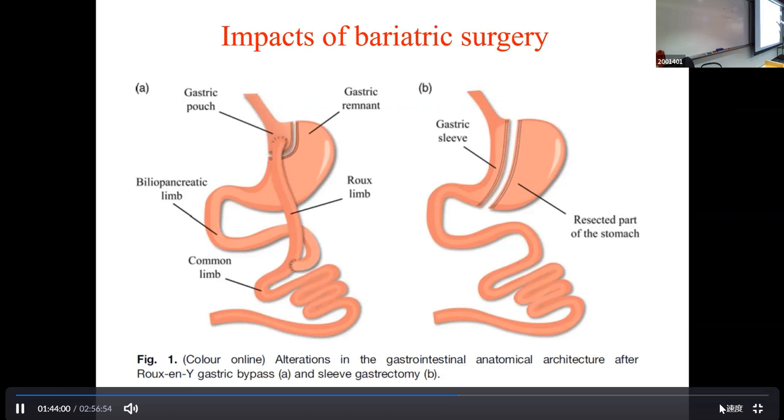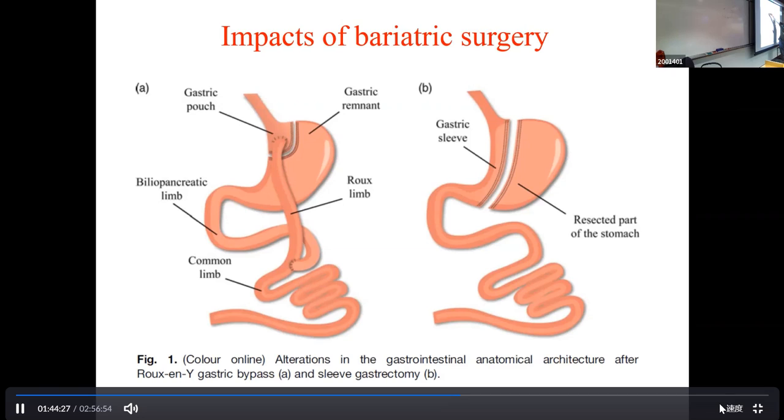One is that you basically remove part of the stomach. Roux-en-Y is a common surgical procedure, again reducing the digestive and absorptive area so that you end up absorbing less nutrient and energy.